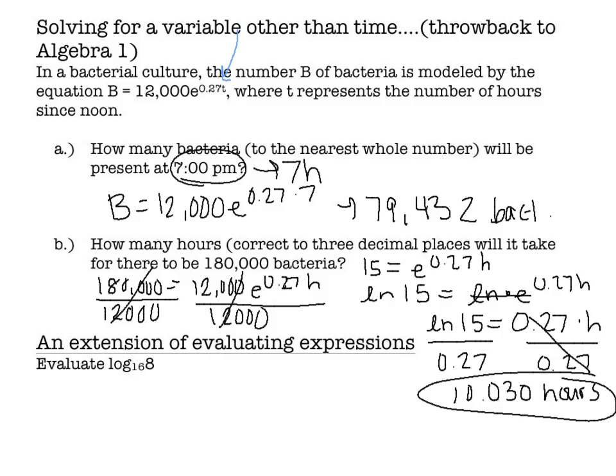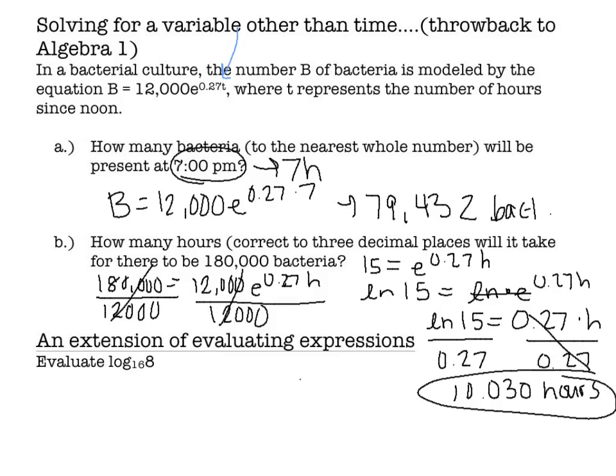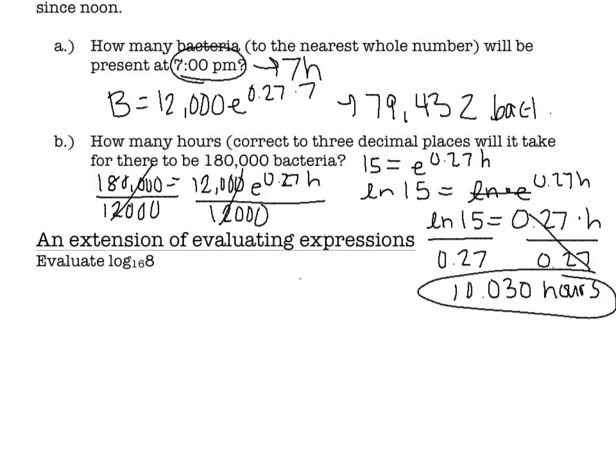The very last thing that I want to look at is how we can apply this idea of simplifying by inverse functions to a problem where it's not an easy whole number solution. So log base 16 of 8. What I want to know is 16 to some power of x is equal to 8.